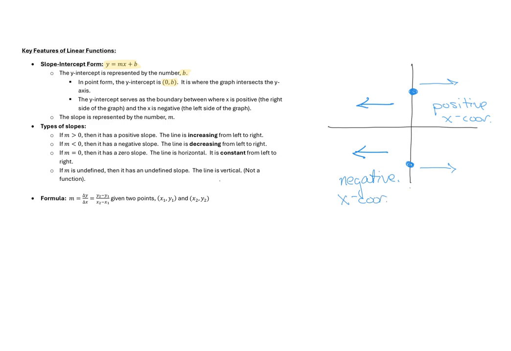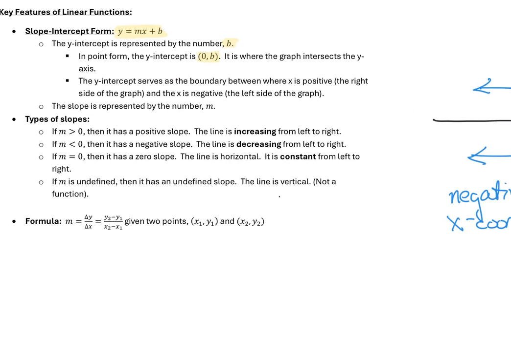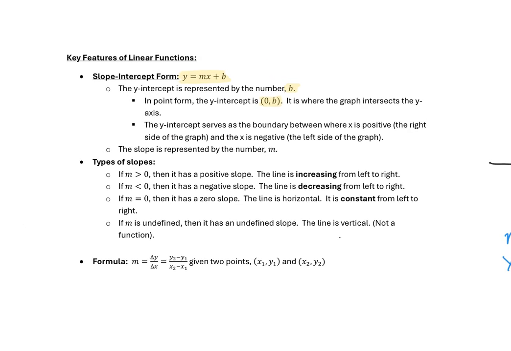And so this line right here, our y-axis, this is where x is 0, and 0 is neither positive nor negative, it's the boundary line. All right? Okay, now, some other things that we have.